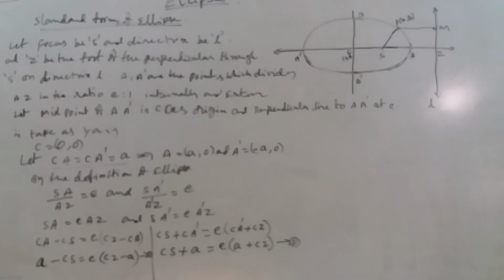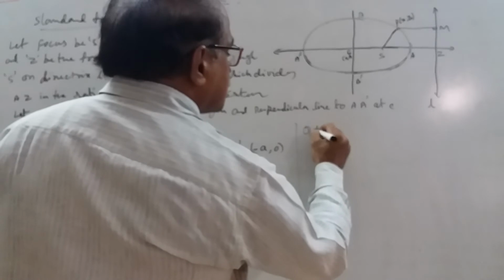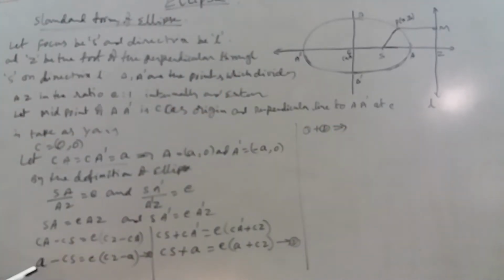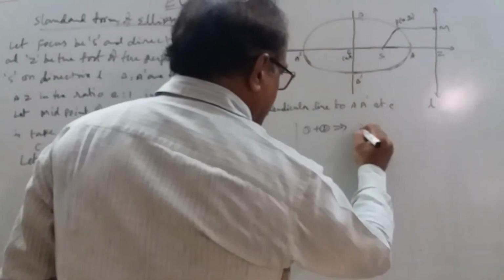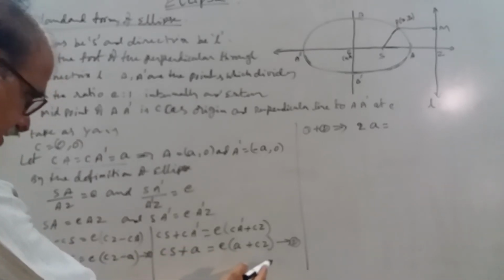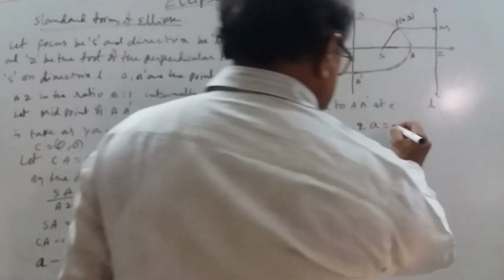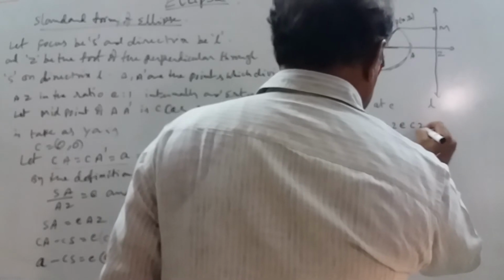By adding these two equations, 1 plus 2: on the left side, a minus CS and CS plus a, the CS and minus CS get cancelled, and we get 2a. On the right side, e is common, and CZ minus a plus a plus CZ, the a's get cancelled, which gives 2e into CZ.